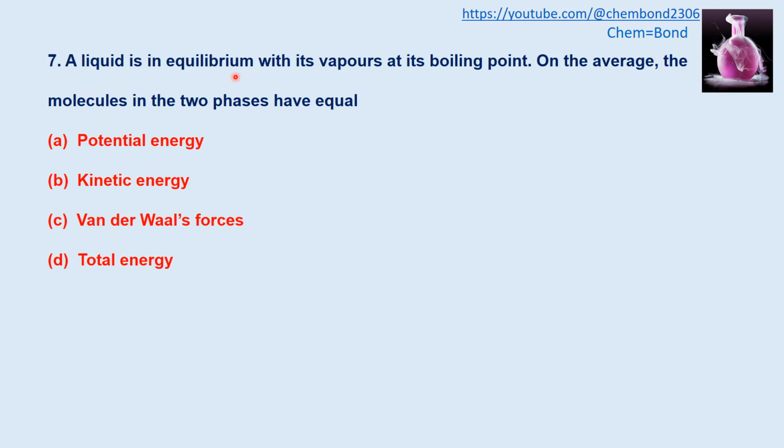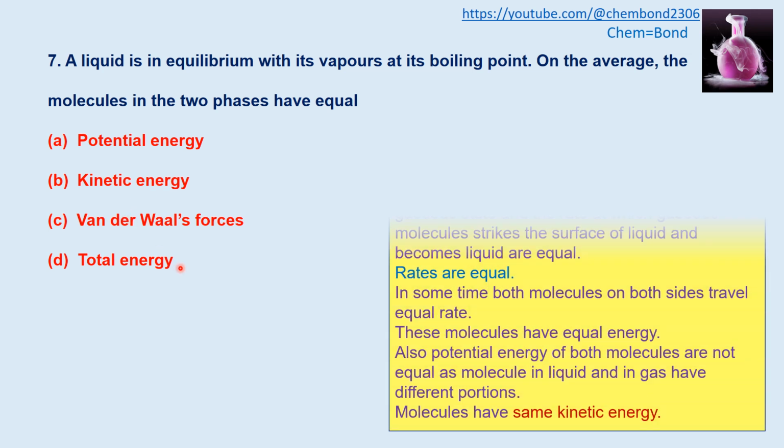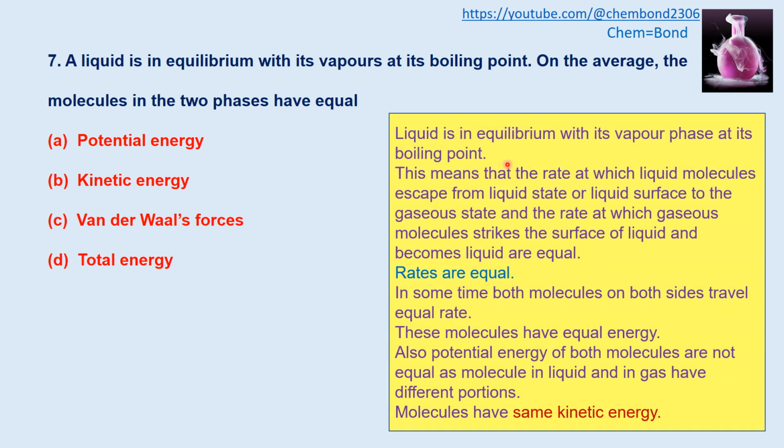A liquid is in equilibrium with its vapor at its boiling point. On the average, the molecules in the two phases have equal potential energy, kinetic energy, van der Waals forces, or total energy? Liquid in equilibrium means that the rate at which the liquid molecules escape from the liquid state and become gaseous, and the rate at which the gaseous molecules strike the surface of the liquid and become liquid, are equal.